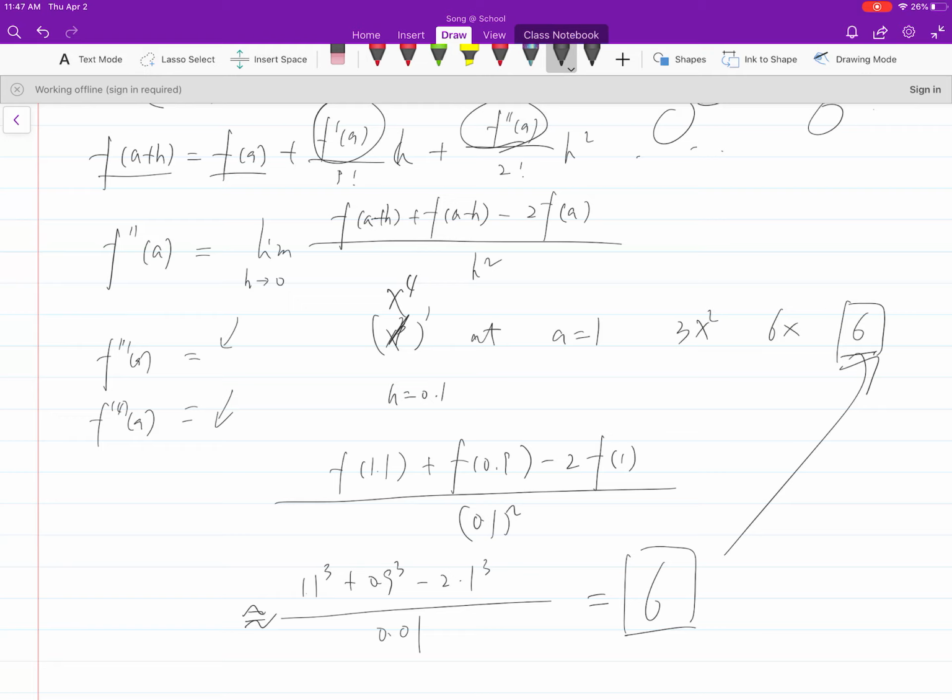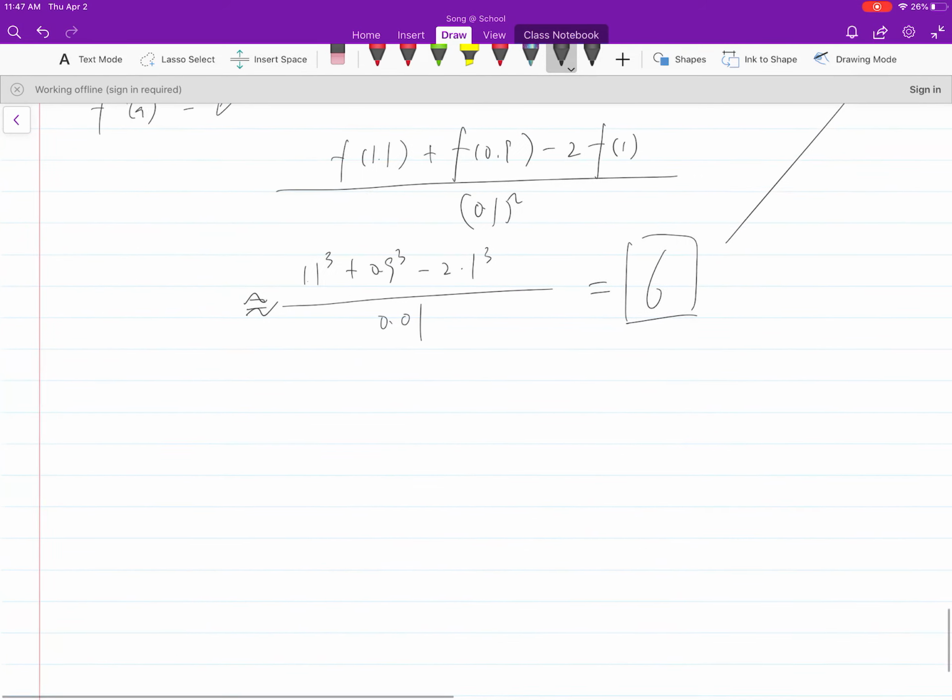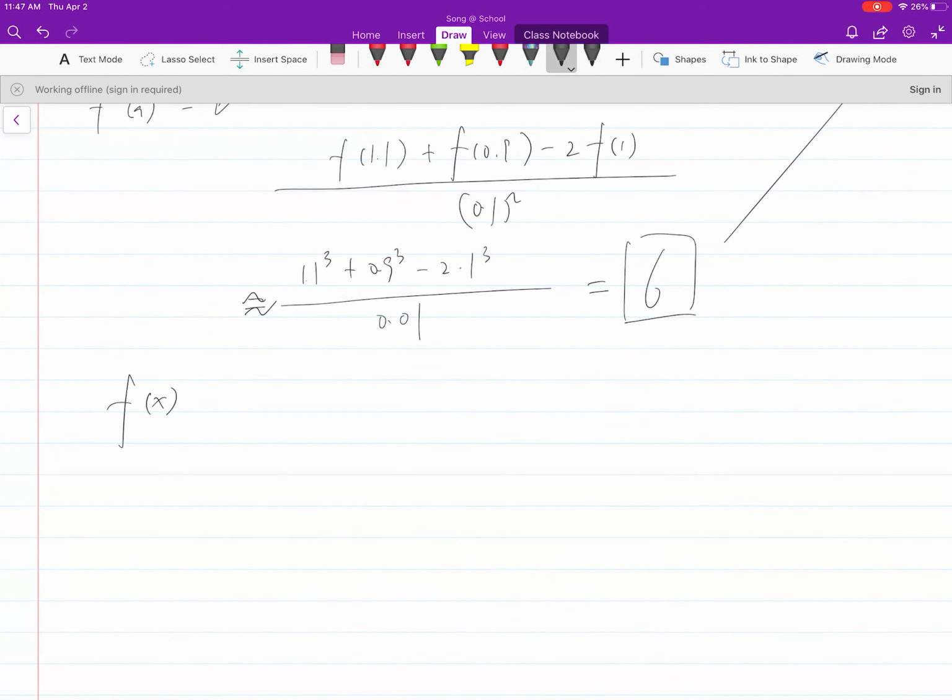for any functions and for any order of derivatives thanks to Taylor polynomial, because it gives you a nice relationship between the function itself and all the information contained in the derivative of the function.